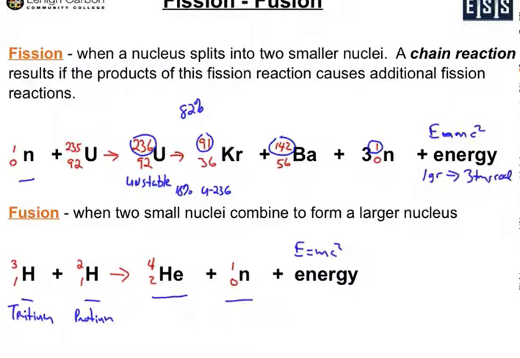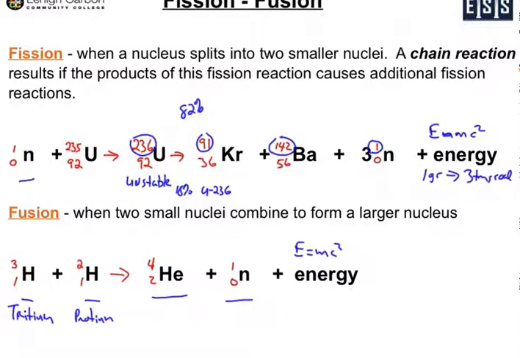And that's why you've heard that industry is trying to come up with a fusion reaction as an energy source, because it's even more economical. So that's what's happening in fusion.